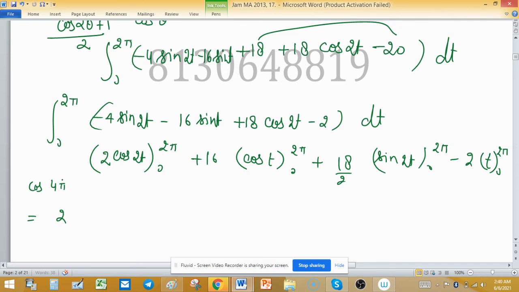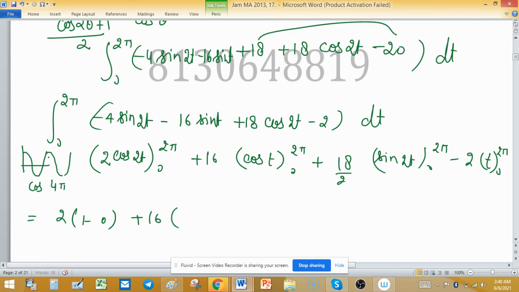What will be the value of cos 4 pi? This is the graph of the cos function: 2 pi, 3 pi, 4 pi means 1. So 1 minus 0 from the lower limit, plus 16 cos 2 pi.